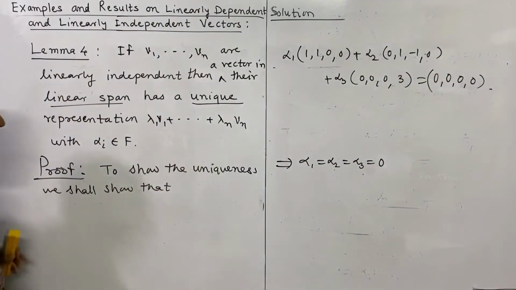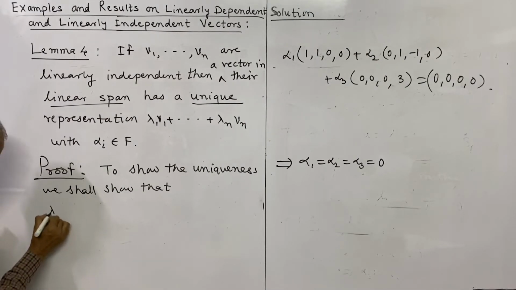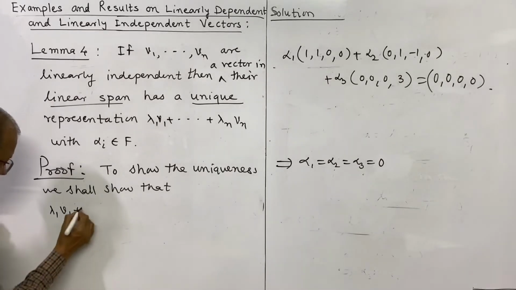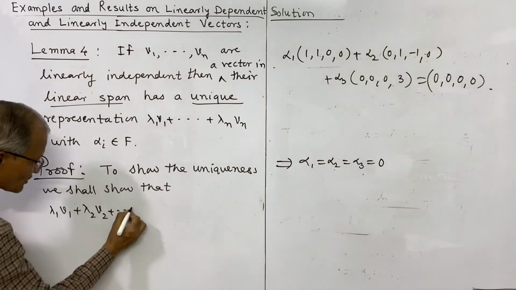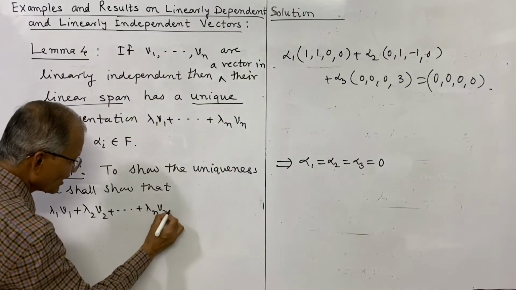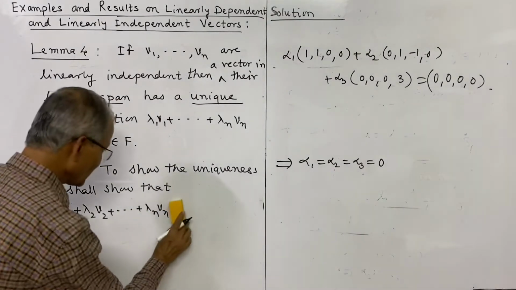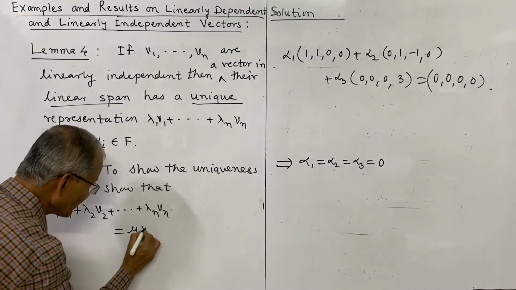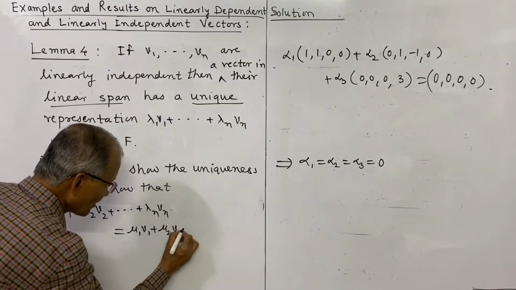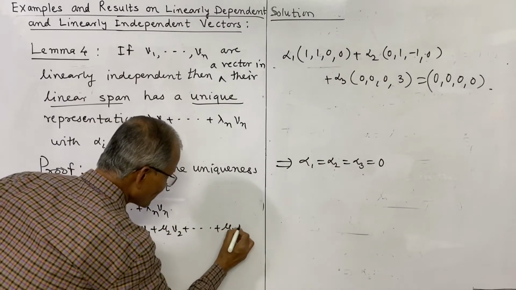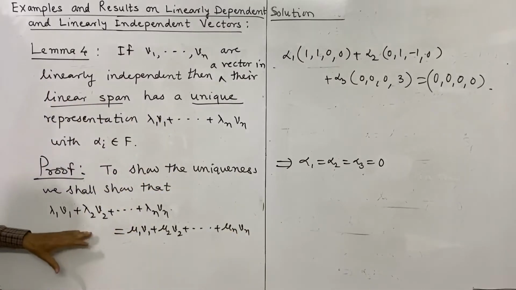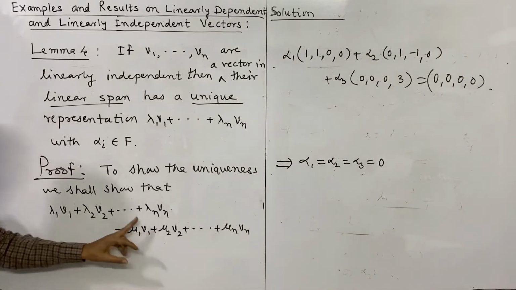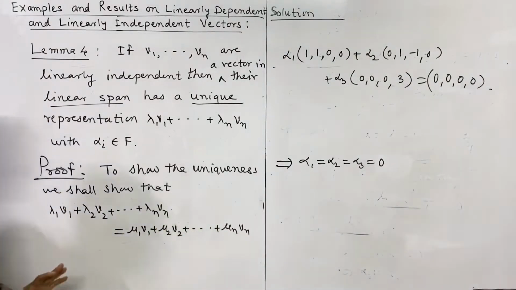suppose there are two expressions for this vector, that is lambda 1 V1 plus lambda 2 V2 plus so on up to lambda n Vn is equal to, the same vector in other scalars, mu1 V1 plus mu2 V2 plus so on up to mu n Vn. This will be unique if lambda 1 is equal to mu1, lambda 2 is equal to mu2 and so on, lambda n is equal to mu n.